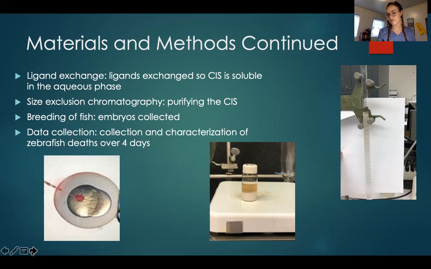That's what my column looks like. It's kind of faint, but the little orange part is the actual nanocrystals falling through the column. And then once I adjust the pH, to 7.4, the normal pH of water, I start breeding my fish.